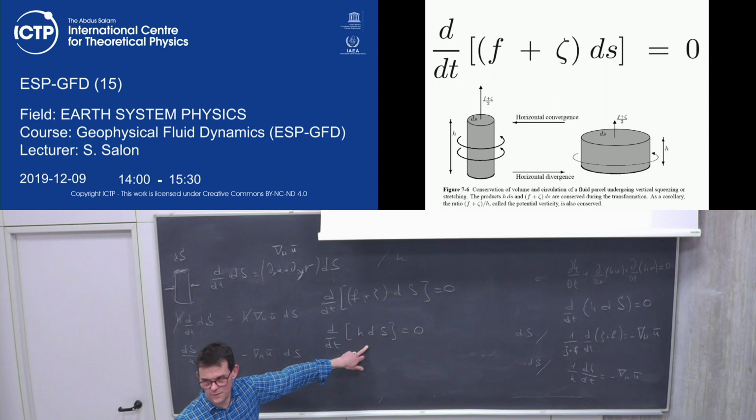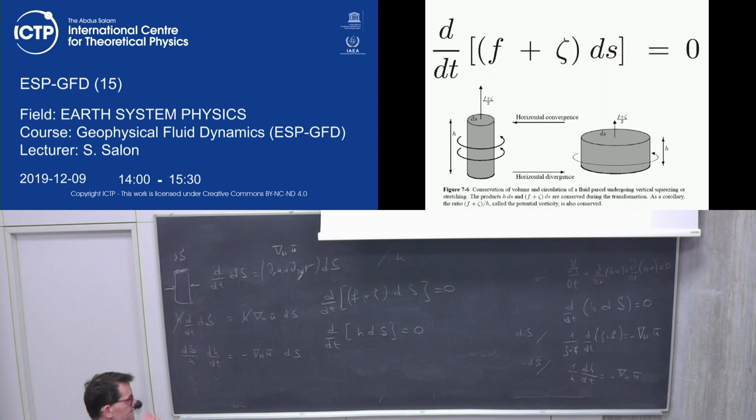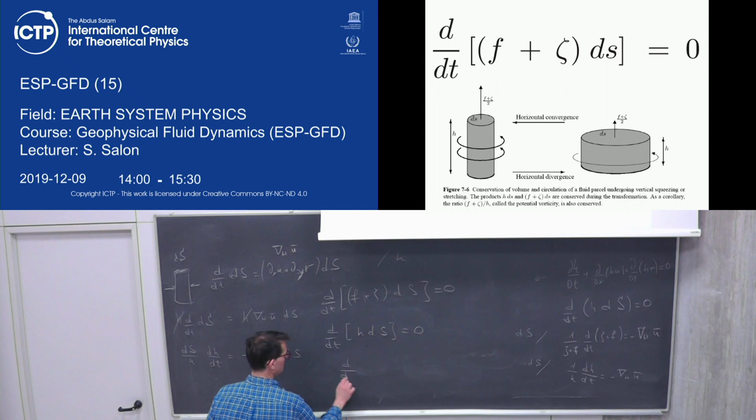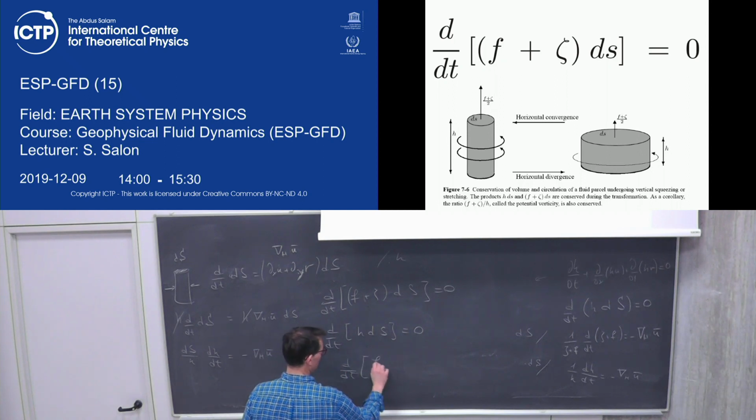It's the conservation of the volume, okay? Since we are dealing with the incompressible flow. So also the ratio between these two terms will be conserved. So the ratio is actually d dt of f plus zeta over h.